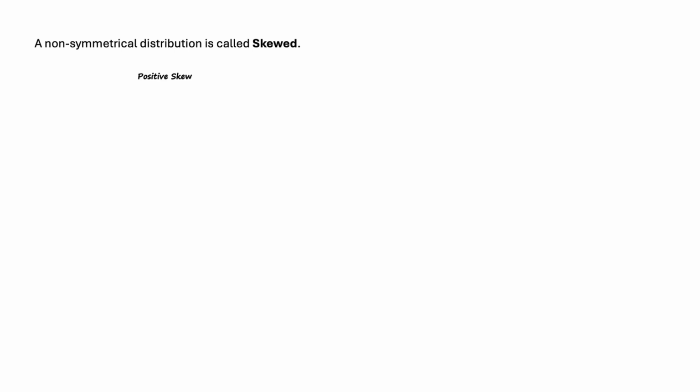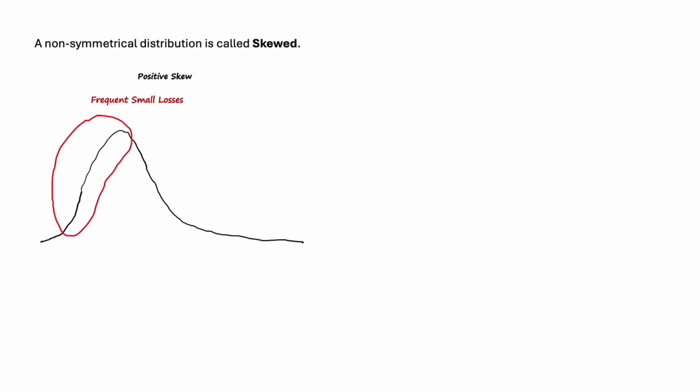Sometimes they can be positively skewed, and if a distribution is positively skewed, the curve comes to be something like this. And in this curve, this section here represents frequent small losses, and this section here on the right represents few extreme gains. And in a positive skew, you want to find the median here.